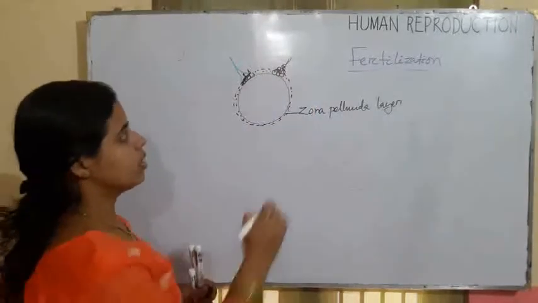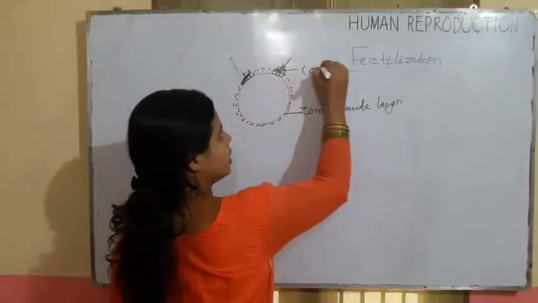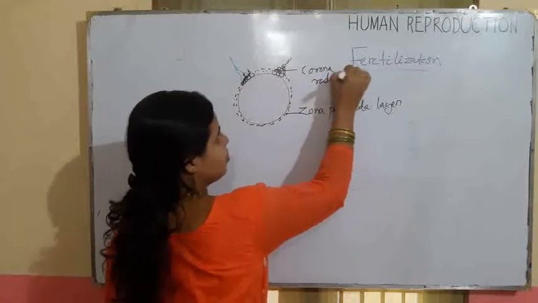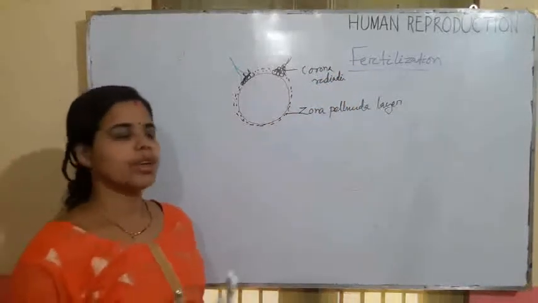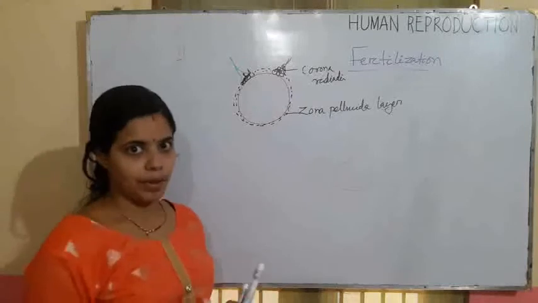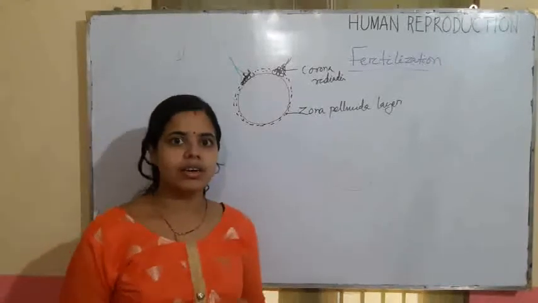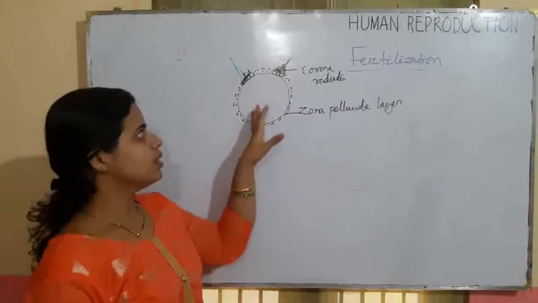By utilizing the enzymes present in the sperm, it tries to come towards the fertilizing site of the ovum.